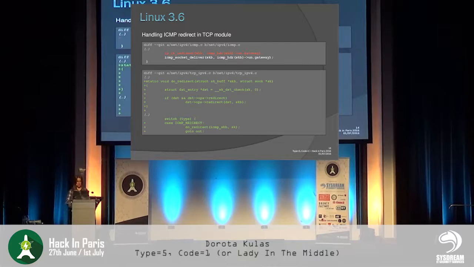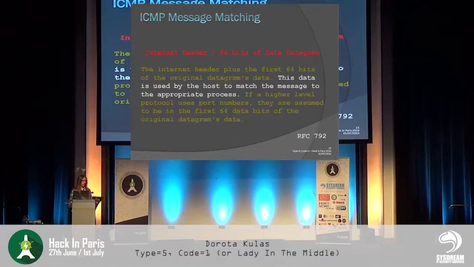So now we know all that. We have to think about what to do next. Just to show you the same information again, they now use the internet header plus 8 bytes of the next header to match the ICMP redirect.